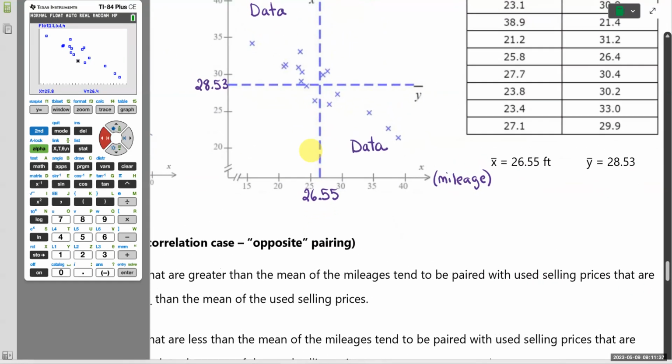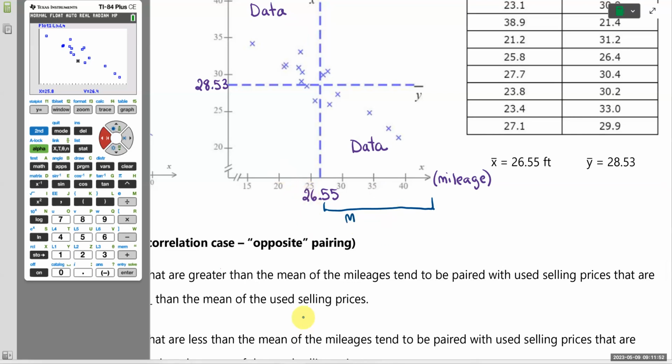So they start by saying mileages that are greater than the mean. So those mileages would be here, because this is the mean. So these mileages are above the mean. So right here, these are mileages above the mean for these 16 Cadets. So if your car had mileages that were above the mean, the data is here.